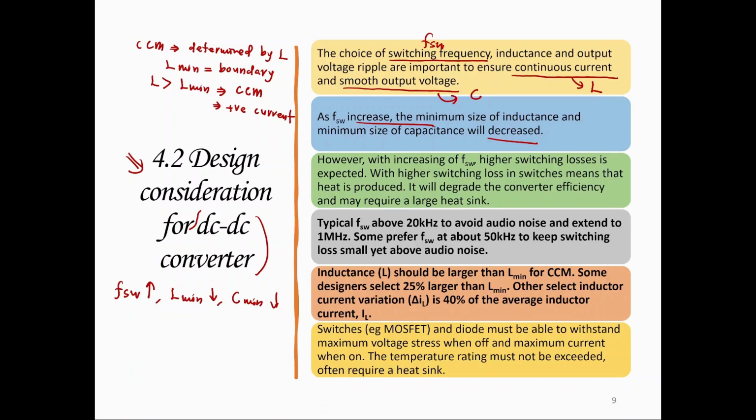When the switch is turned on and off very frequently, it will lead to losses. Higher switching losses will result in heat being produced, and when there is heat, it will degrade the efficiency. So you will increase heat in your circuit and your efficiency will be reduced.